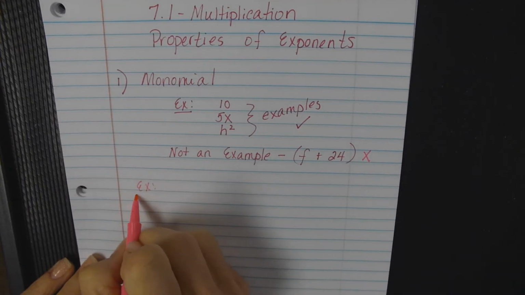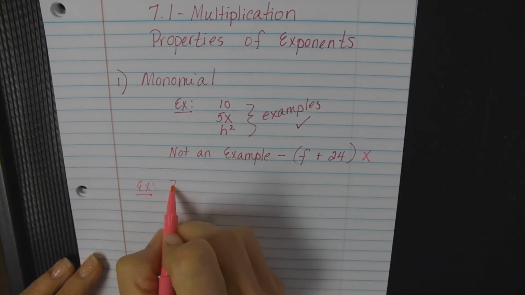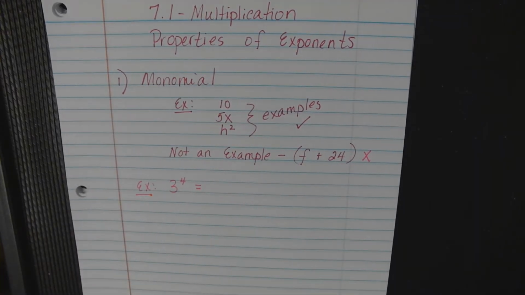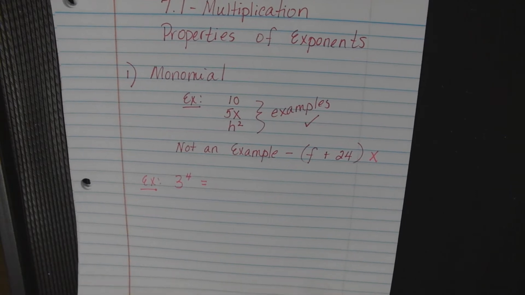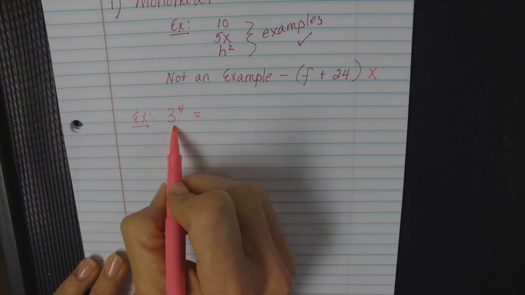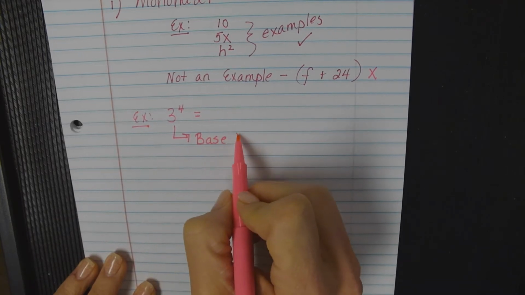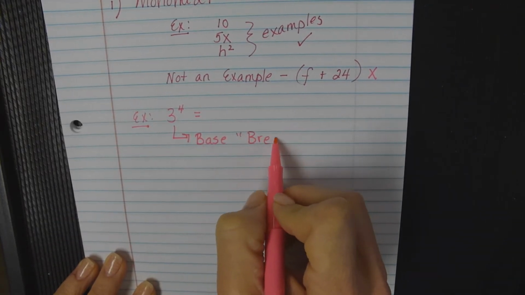One really good example is 3 to the 4th power. If we're talking about the loaves of bread here, we have 3 loaves of bread. That 3 can be our bread, or in mathematical terms, it can be our base. I will use both: base, also known as our bread.